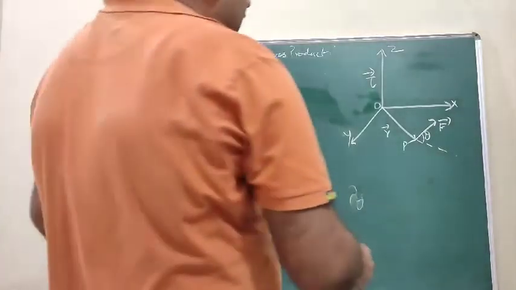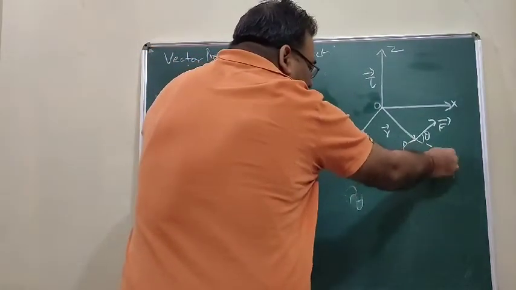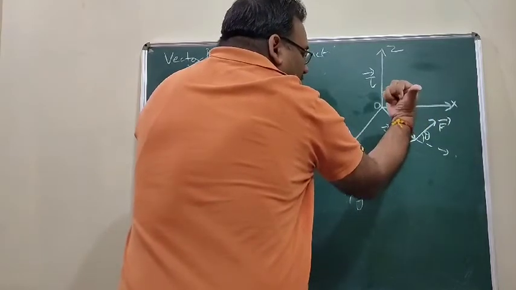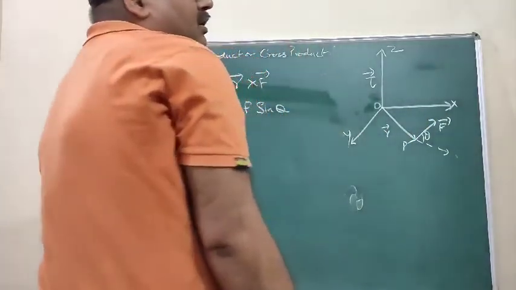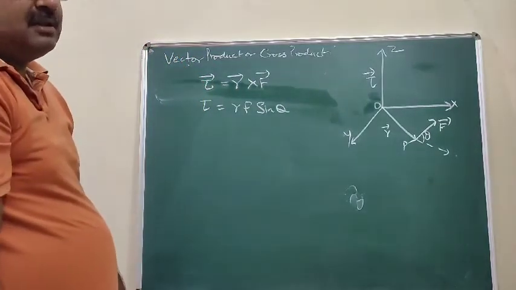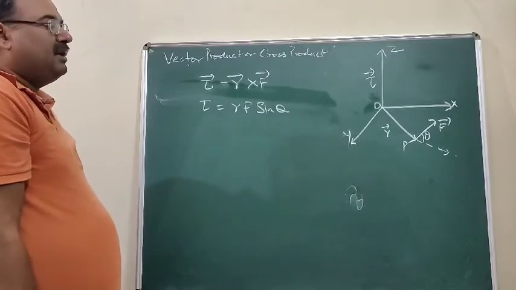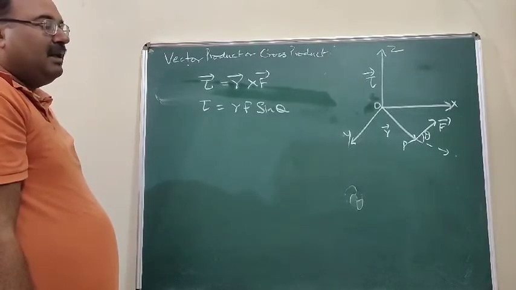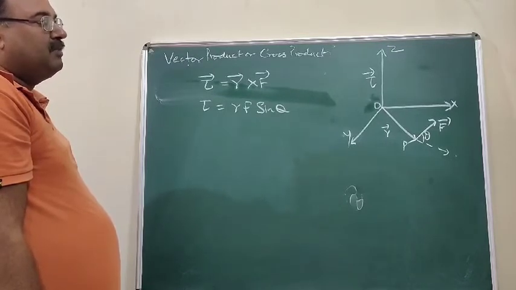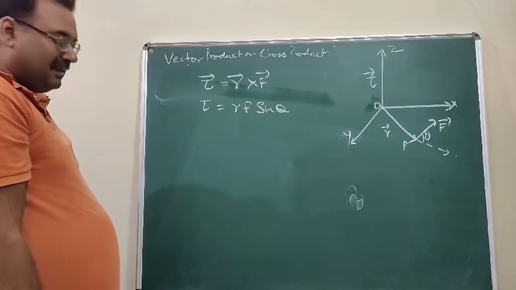This is the displacement vector r, so it is in this direction, so from r towards F, the z axis will come outward, so the direction of the torque will be in the outward direction. So the displacement vector r and F are lying in the xy plane, and the torque will be acting in the direction perpendicular to this plane, in the z direction.